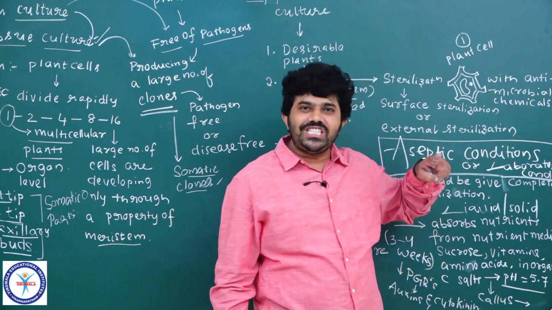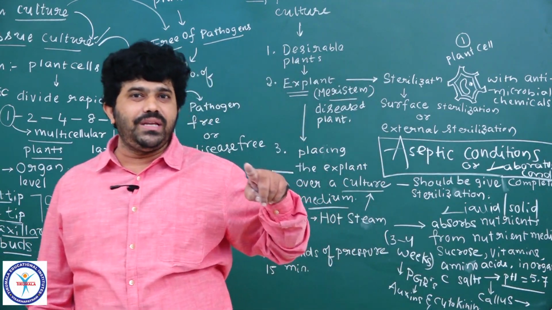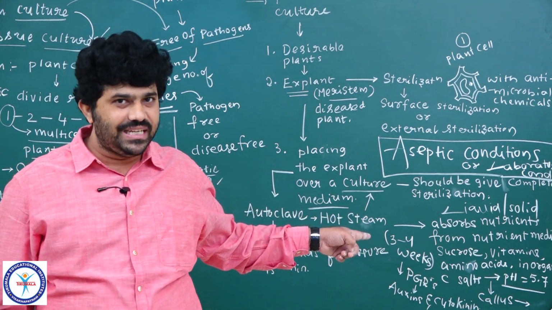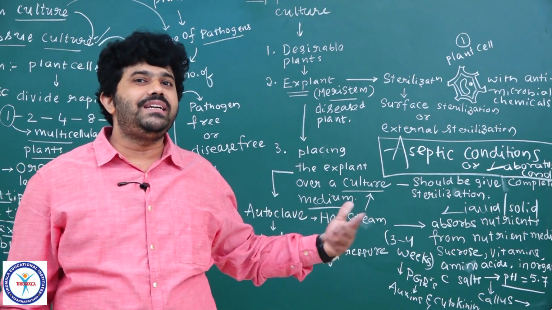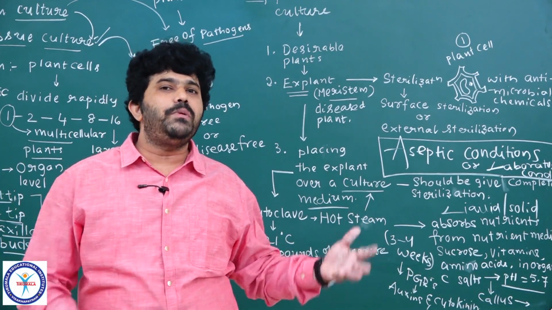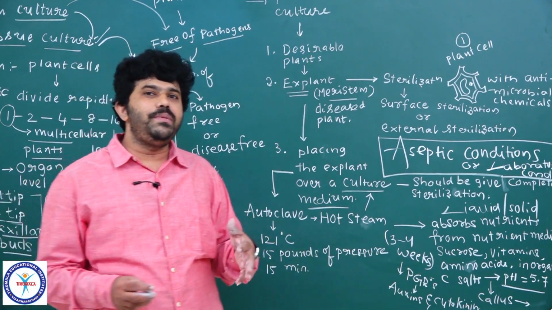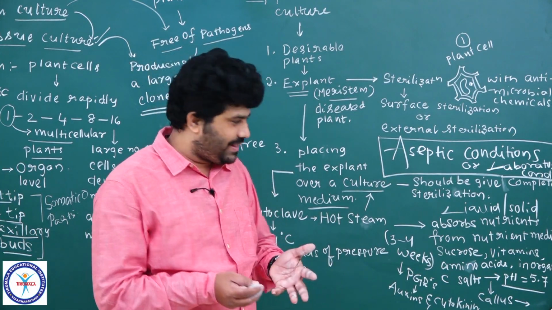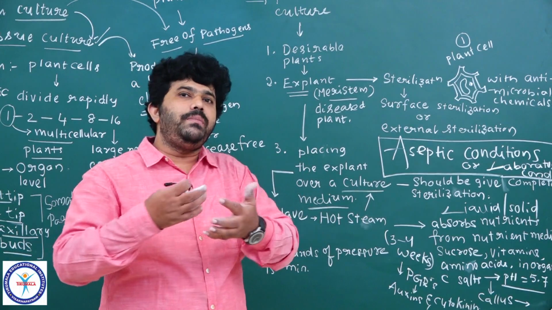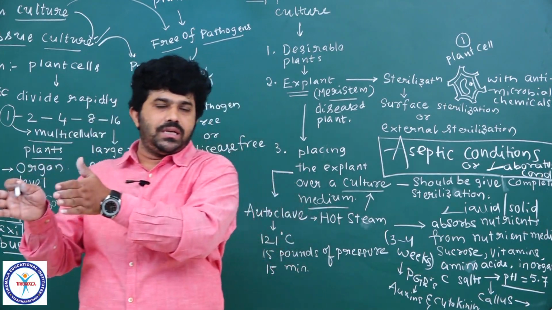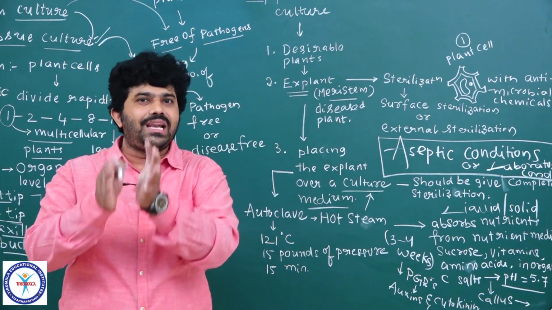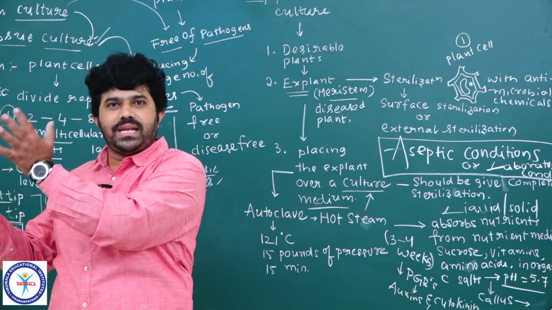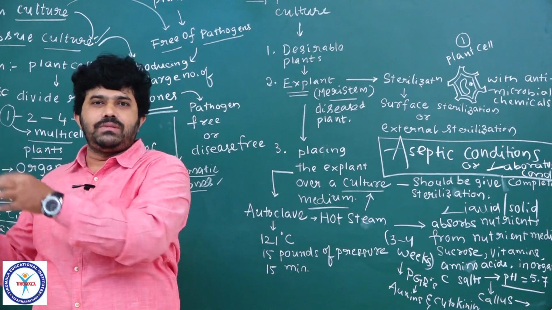Initially, the nutrient media on which we placed the explant contains nutrients completely different from the media we provide to the young plant that comes after the callus. Understood, students? That is why we have to change the nutrient media from stage to stage: explant to callus, callus to organogenesis, producing organs like root, stem, small young leaves.